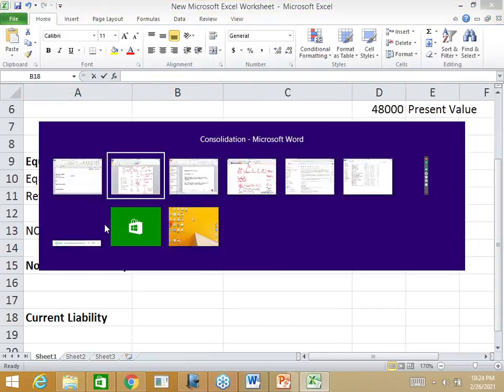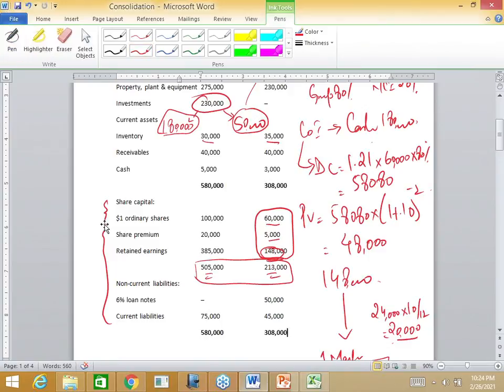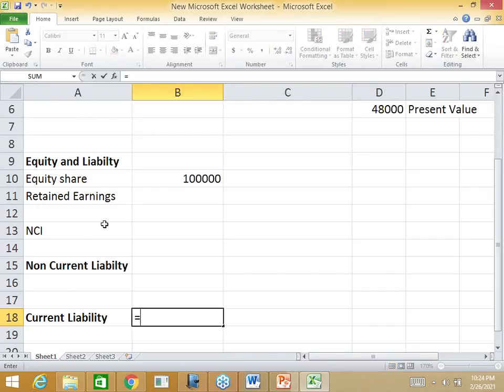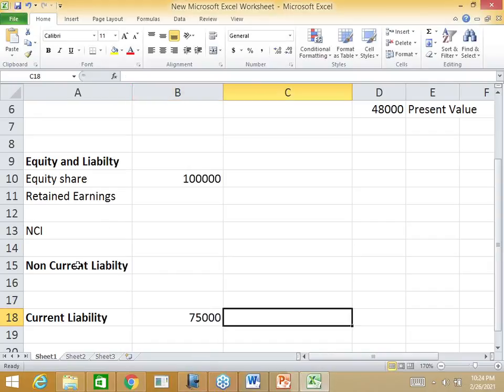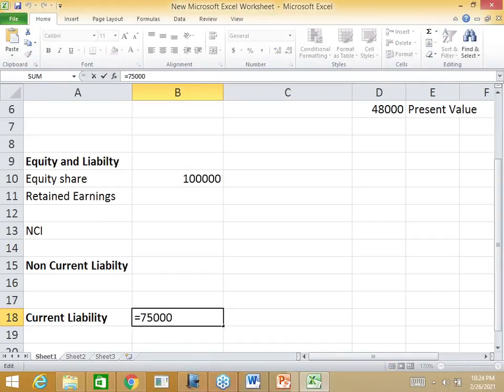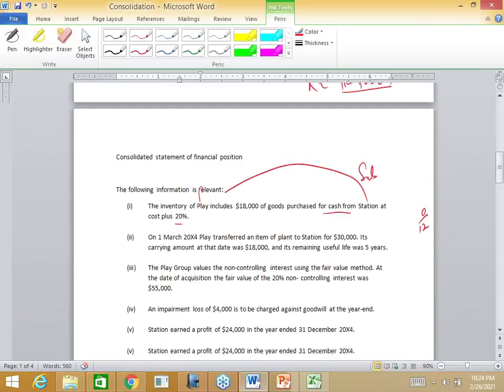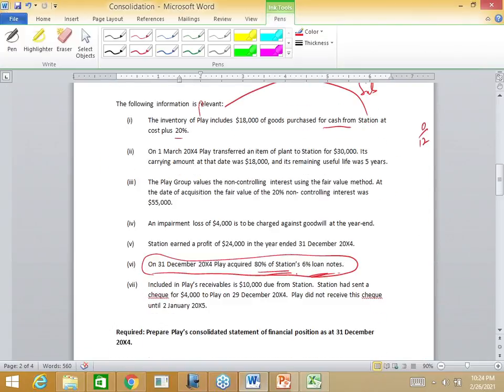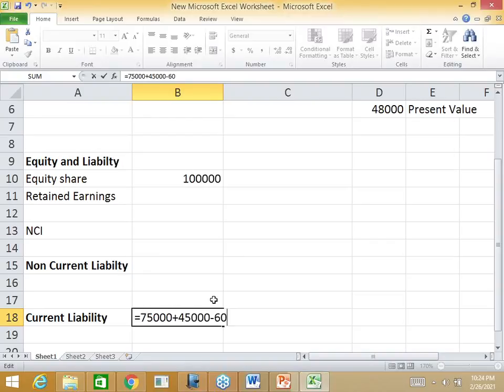Now, moving on towards the current liability, we'll be having 75,000 liability plus 45,000 liability, minus there is one intercompany transaction which was 6,000.